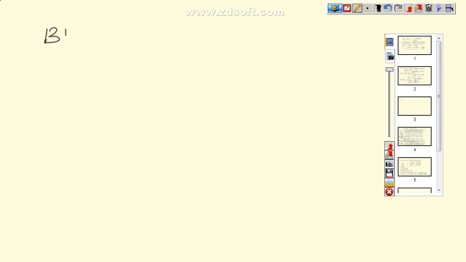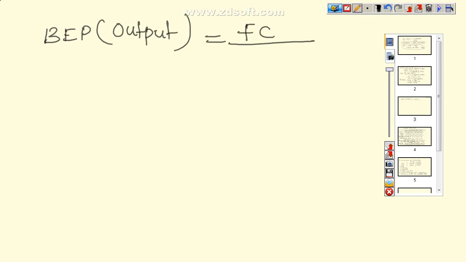So break even point on the basis of output, units, is equal to fixed cost upon contribution, or we can term it here contribution per unit.